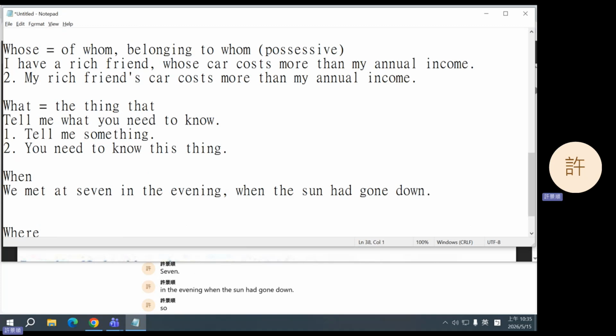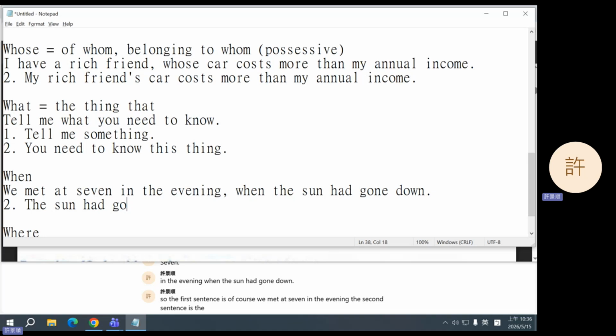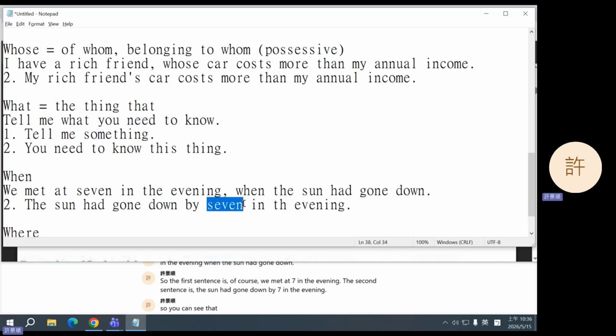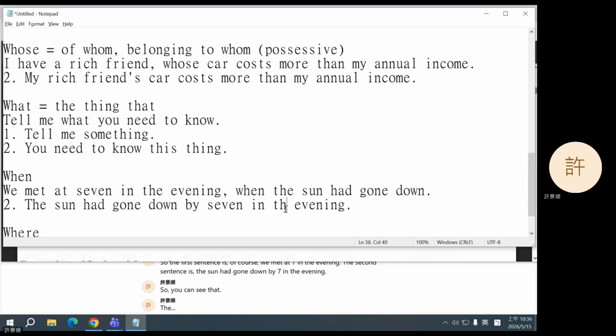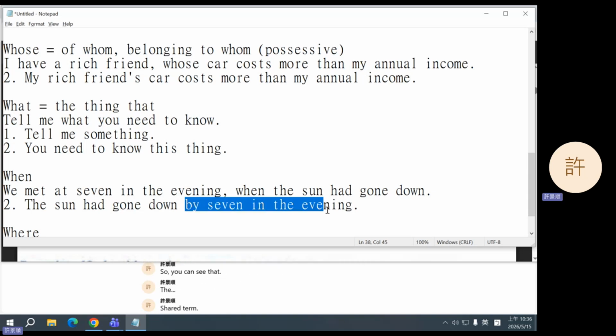So the first sentence is, of course, we met at 7 in the evening. The second sentence is the sun had gone down by 7 in the evening. So you can see that the shared term comes in the everything else part of the sentence, right?